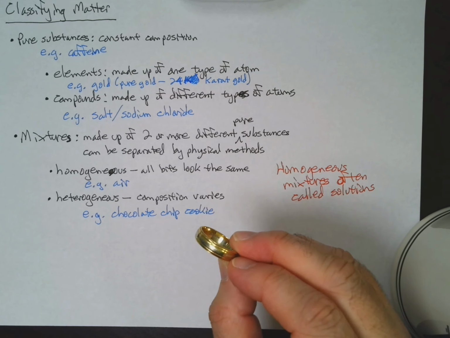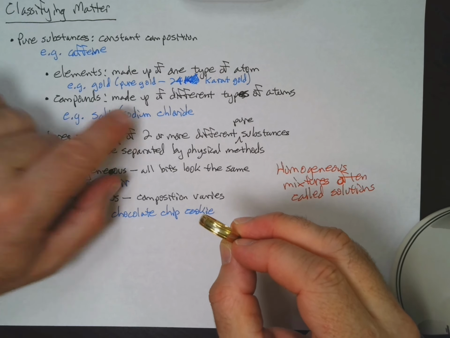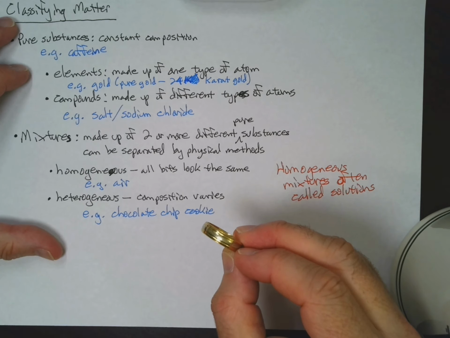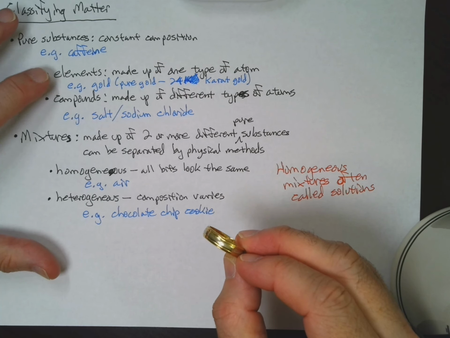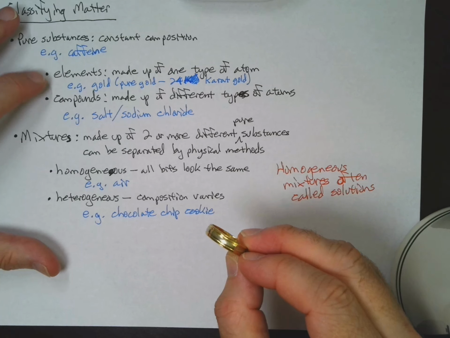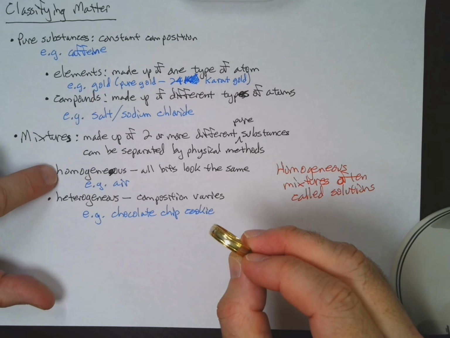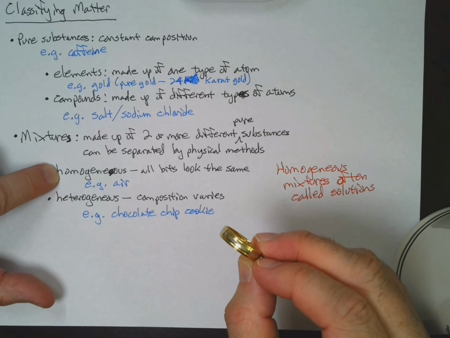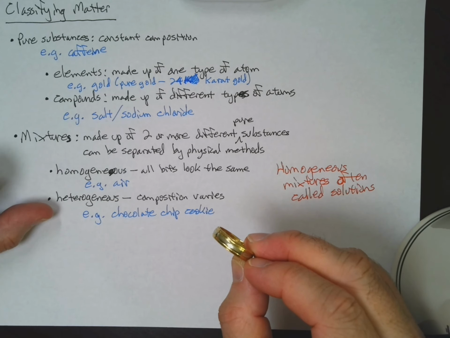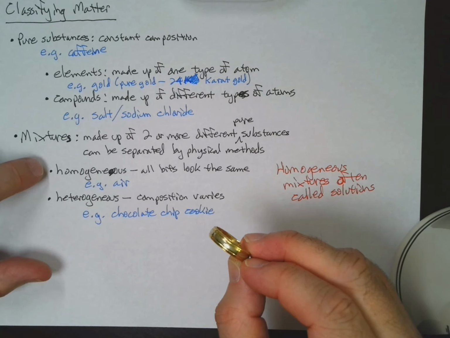So 14 karat gold is not pure gold. This would be a mixture of gold and silver and maybe some copper, and that would be a type of homogeneous mixture. A homogeneous mixture of metals is called an alloy.